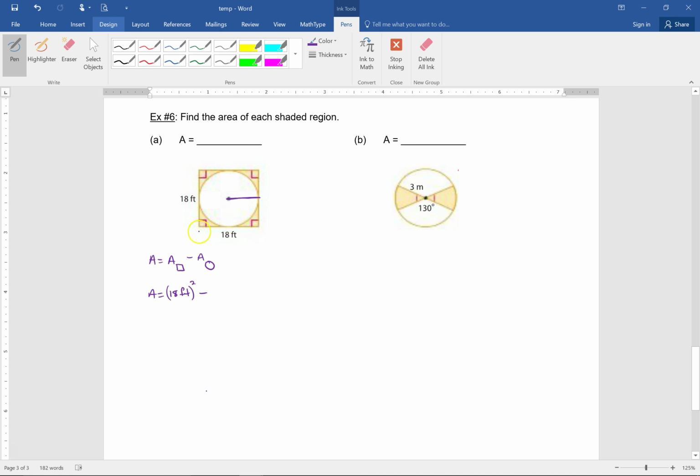Well, if the whole side is 18, then how much is half the side? 9, and that means that's the radius. So the area of the circle is pi times the radius squared, and that's 324 minus 81 pi, altogether 69.5 square feet.